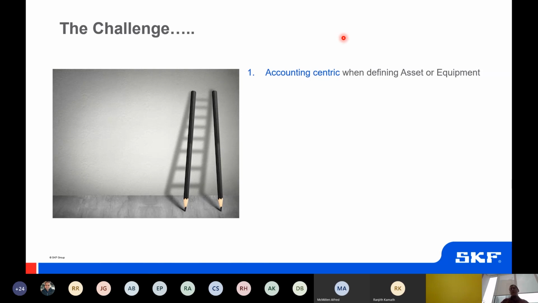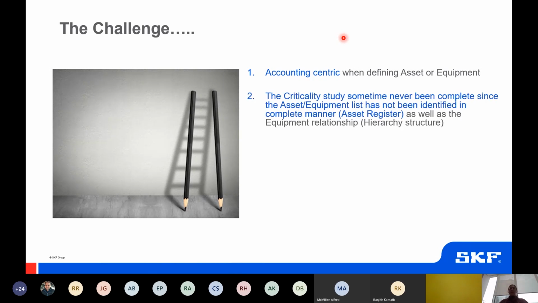For accounting, one electric switch on a motor may not be important, but for the maintenance and electrical people it is probably critical, because it drives the motor to run. So this also needs to be considered. And sometimes in an organization, the criticality analysis is never complete, because the asset register is not complete as well.